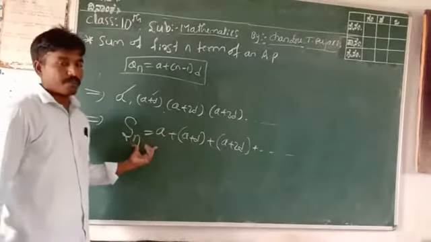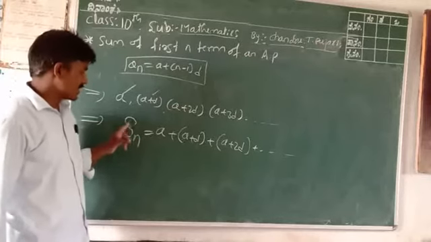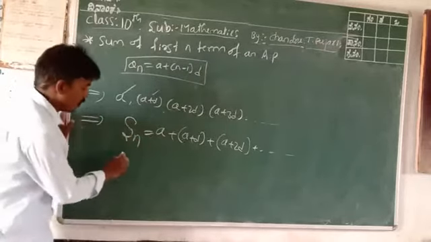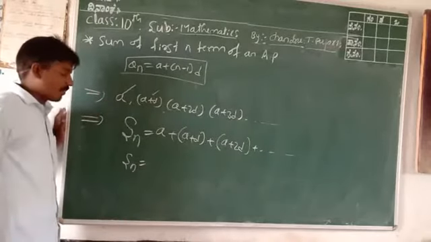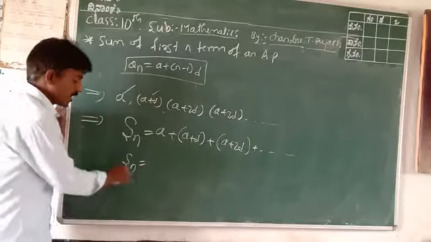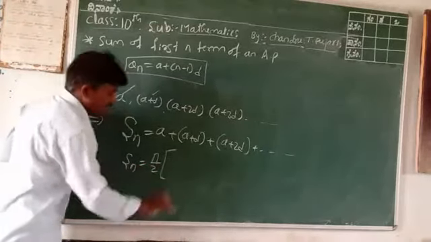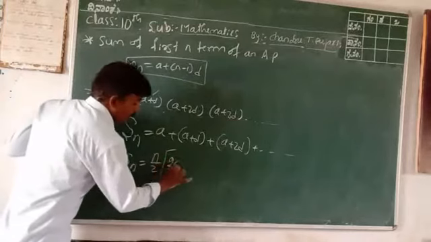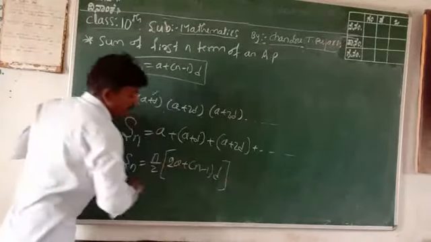This is the sum of arithmetic progression, the sum of AP. It is denoted by Sn. Sn is equal to n divided by 2 into the bracket of 2a plus (n minus 1) into d. This is also a most important formula in arithmetic progression. This is your standard formula.